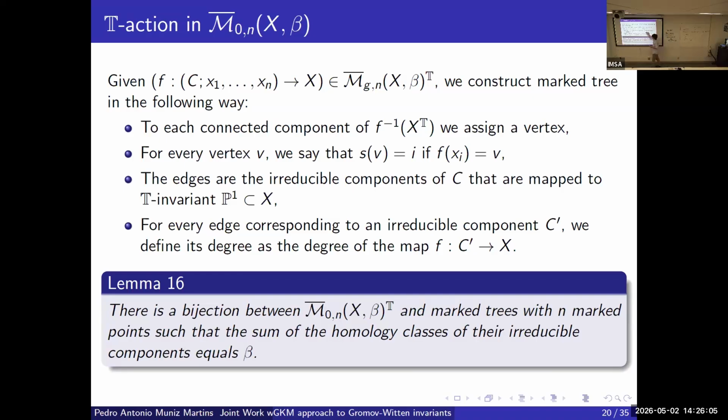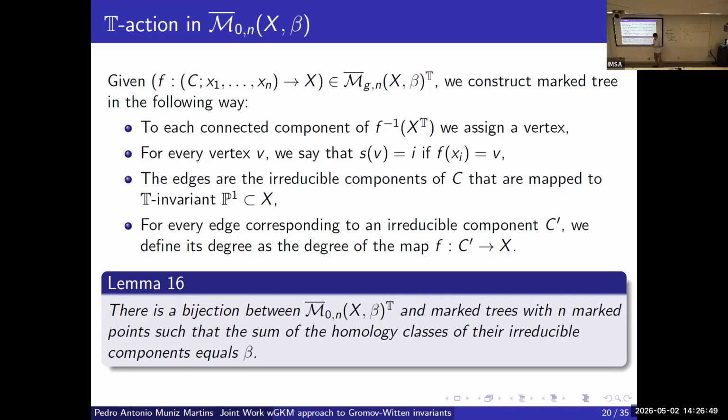But given an element in the fixed locus of the moduli space of stable maps, it's possible to construct a marked tree as I showed earlier in the following way. To each point in the fixed locus of the action of T on X, we correspond a vertex, and we mark the vertex with i if it is a marked point in C. And the edges of this tree will be the irreducible components of C that are P1 that go from one vertex to another.